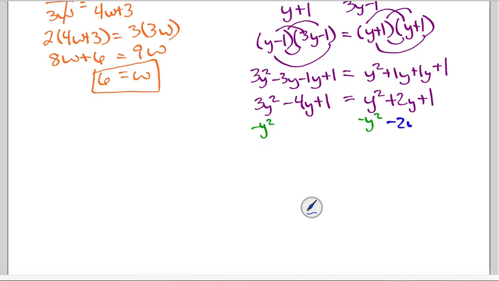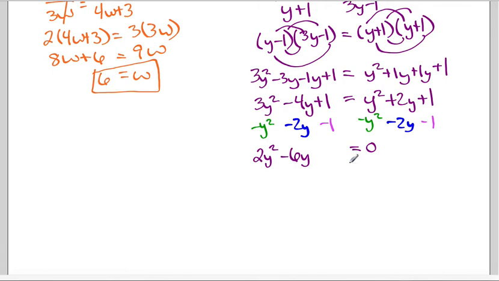I'm going to subtract the 2y from the negative 4y, and I'm going to subtract the 1 from the 1 there. What this will leave is a 0 on the right side. 3y squared minus y squared is 2y squared. Negative 4y minus 2y is negative 6y. 1 minus 1 is 0 for the constant. So I'm at this equation to solve.